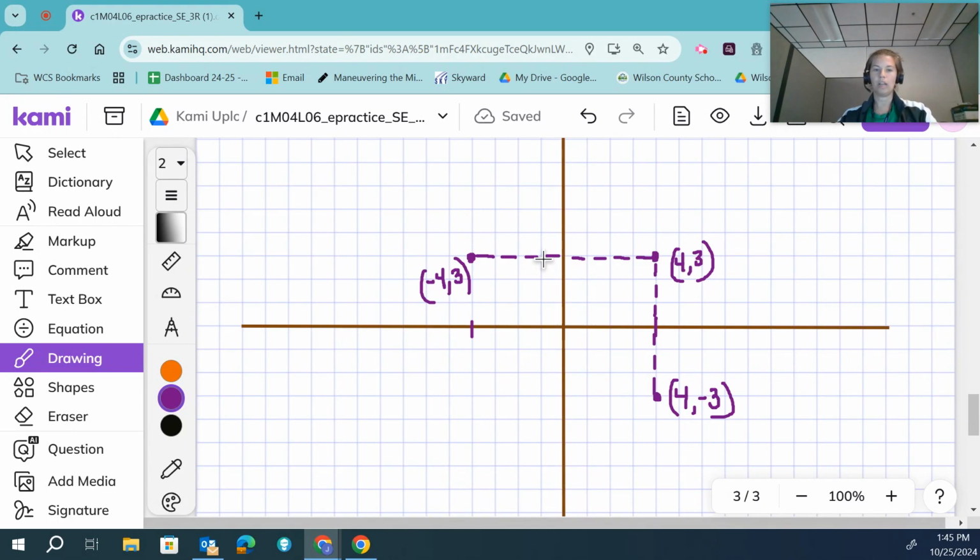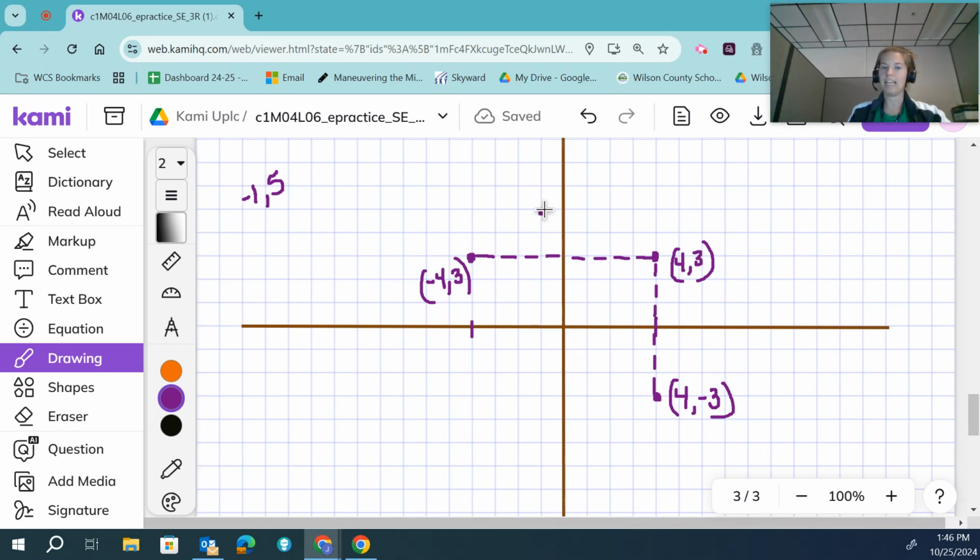So let's think about the point 1, 5. Actually, let's start with -1, 5. So the point -1, 5: 1, 2, 3, 4, 5.